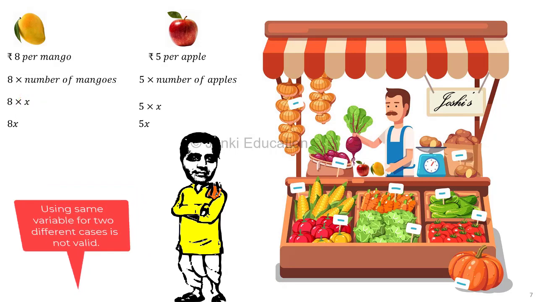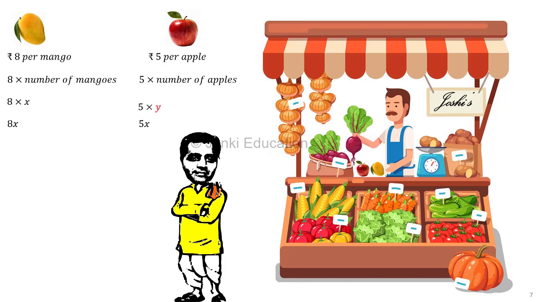So we will change the number of apples to y, so that the final amount he will be paying is 5 into y, that is 5y. Please pay attention here. In the same question, if you use one variable for one particular detail, that variable has the same meaning throughout. Please be confirmed with that.